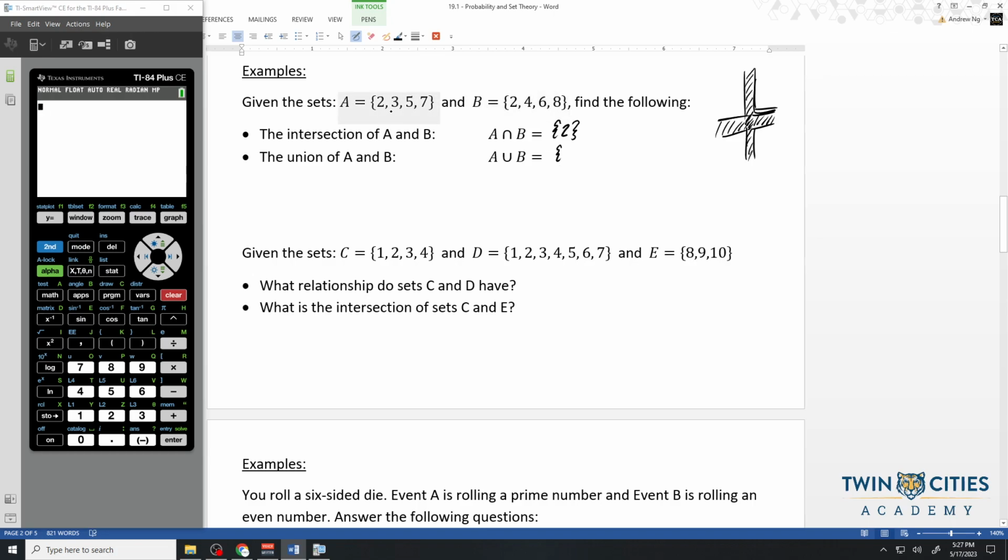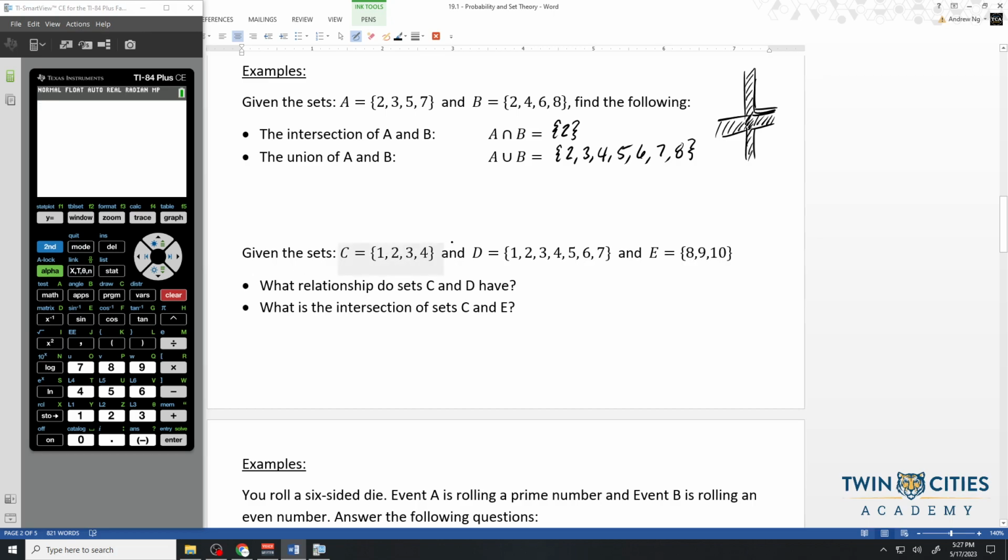The union would be 2, 3, and then let's do 4, 5, 6 is over here, 7 over here, and 8. So all of the elements in A and all of the elements in B, here I've organized them nicely: 2, 3, 4, 5, 6, 7, and 8.